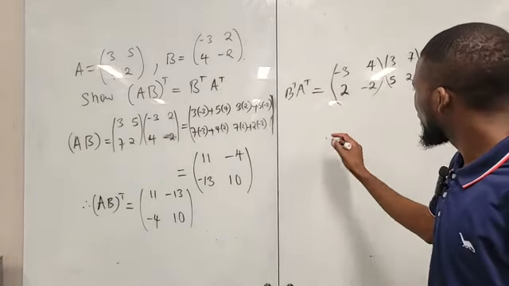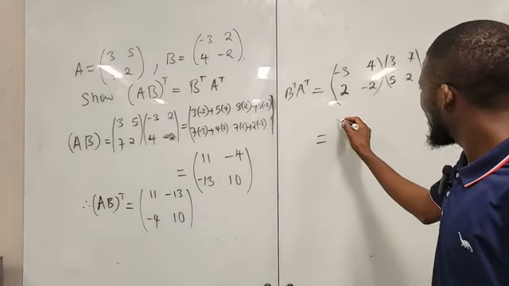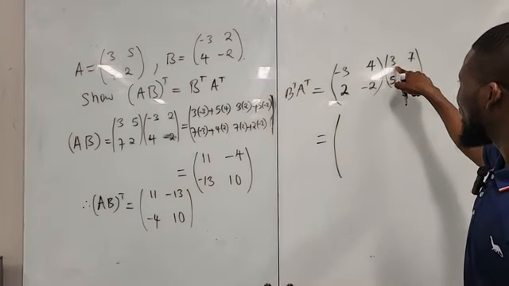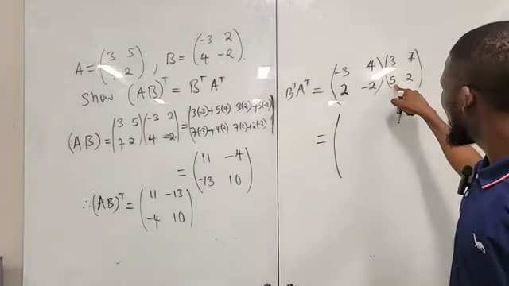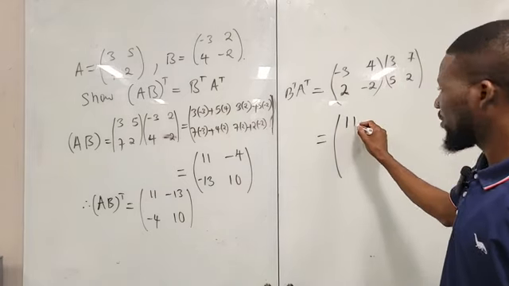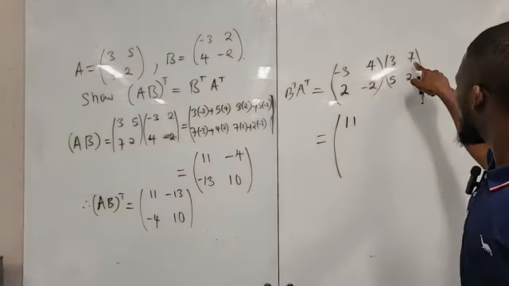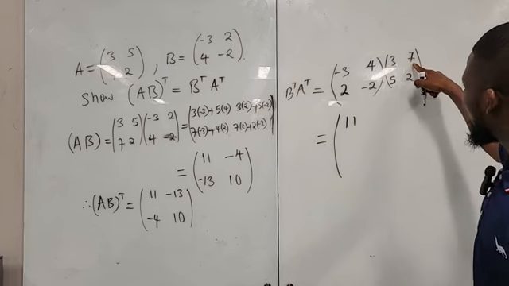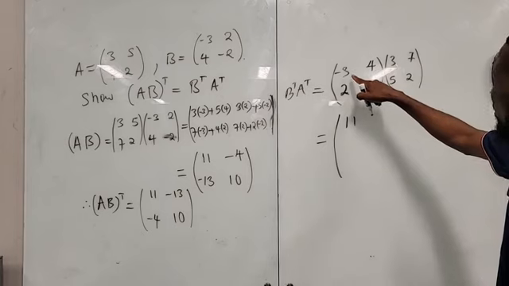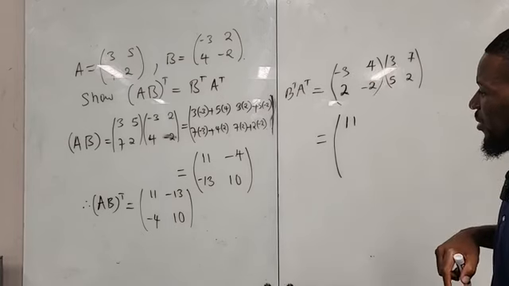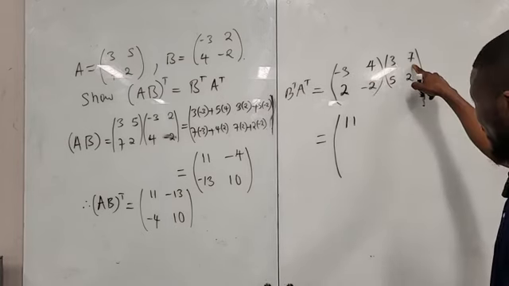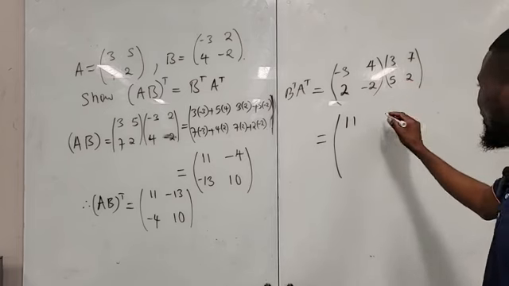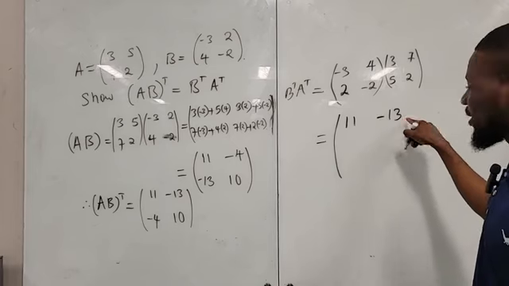You can see already here that this is -3 multiplied by 3, which is -9, then 4 multiplied by 5, which is 20, and if you take the sum, it will give you 11. Then -3 by 7, that is -21, then 4 by 2, which is 8, and the sum is -13.